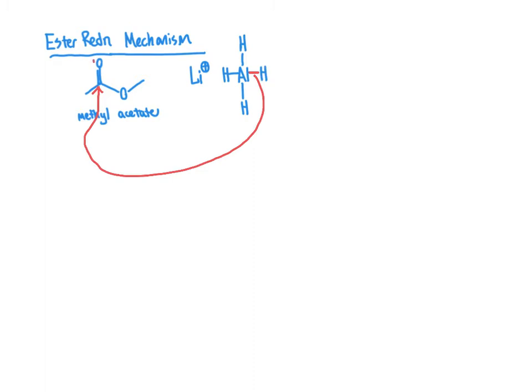As we do that, the pi electrons from methyl acetate are going to come up, and those are actually going to help to stabilize the aluminum by coming over and forming a bond to that aluminum in this particular mechanism. So let's go ahead and show what results from that. We'll create our product here.